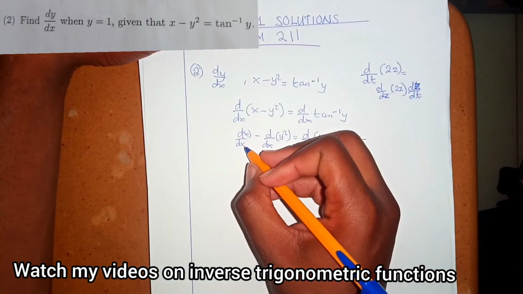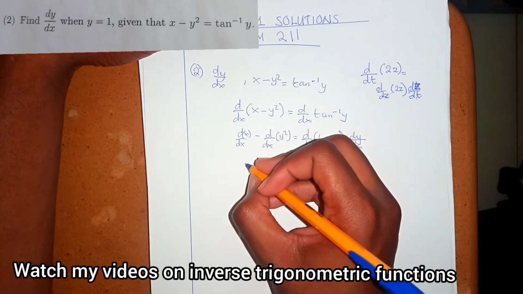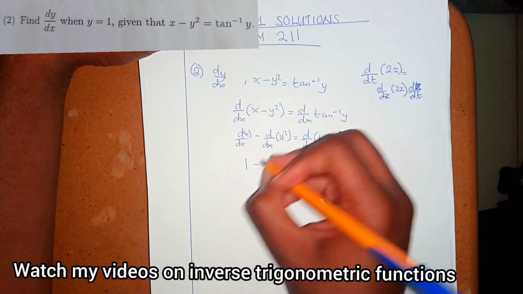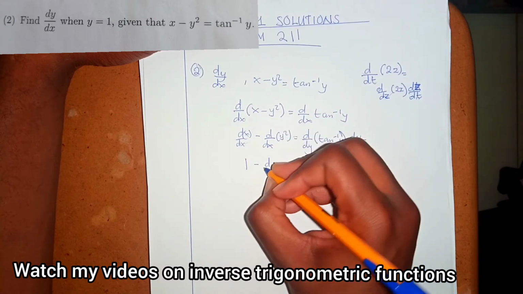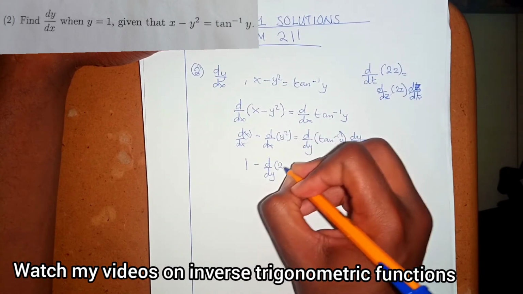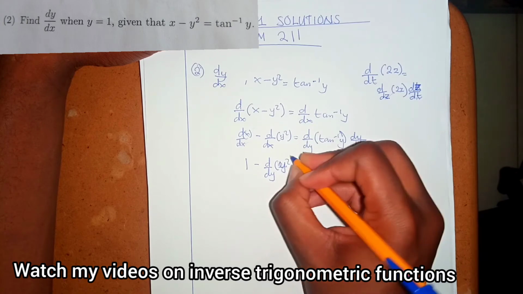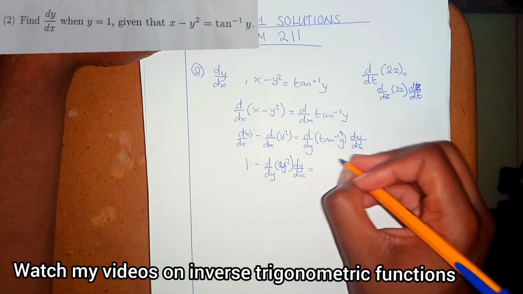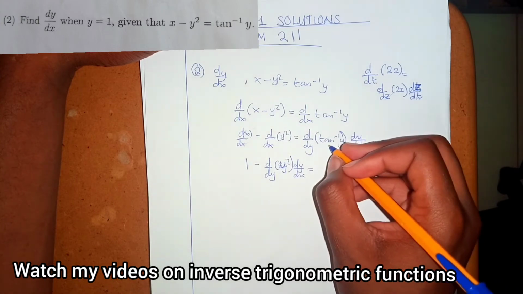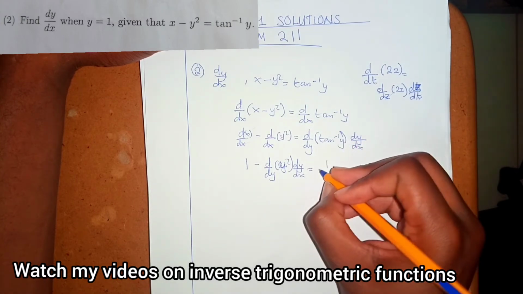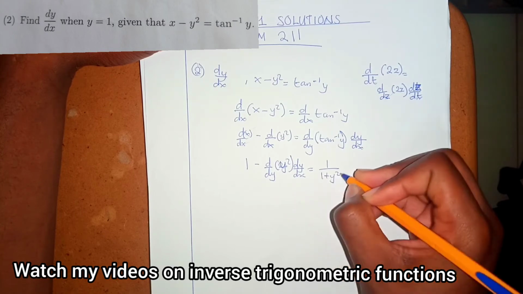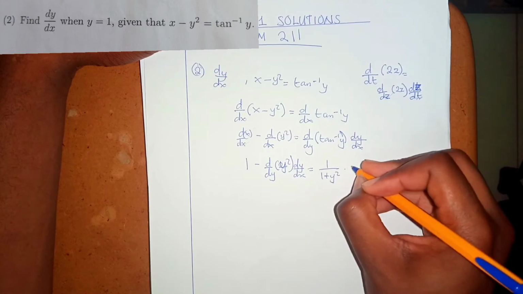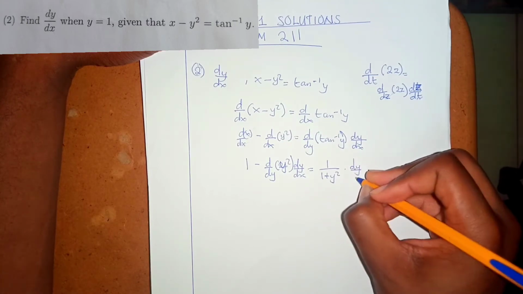Now dx with respect to x is just 1, or you can just cancel them out and remain with the 1. Then for this one we're going to do the same thing, implicit differentiation: d of y squared is 2y dy by dx, which is equal to the derivative of tan inverse of y, which is just 1 over 1 plus y squared. I went over the derivative of inverse trig functions. Then dot dy over dx.